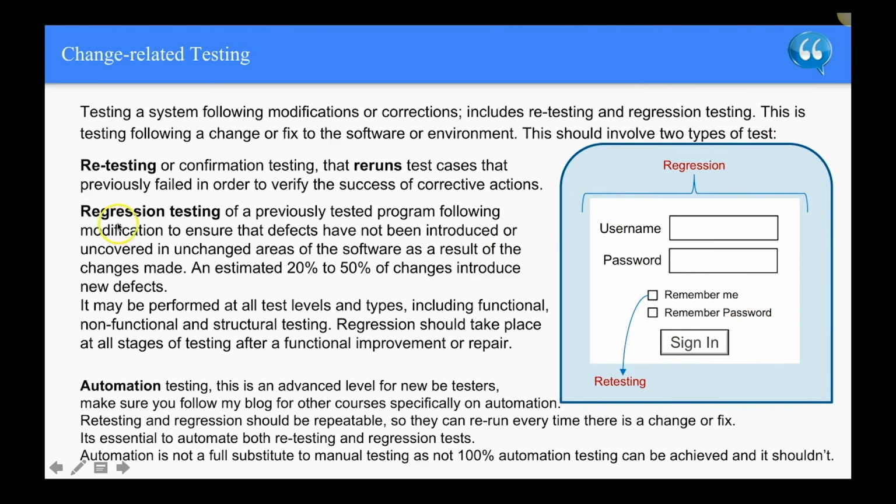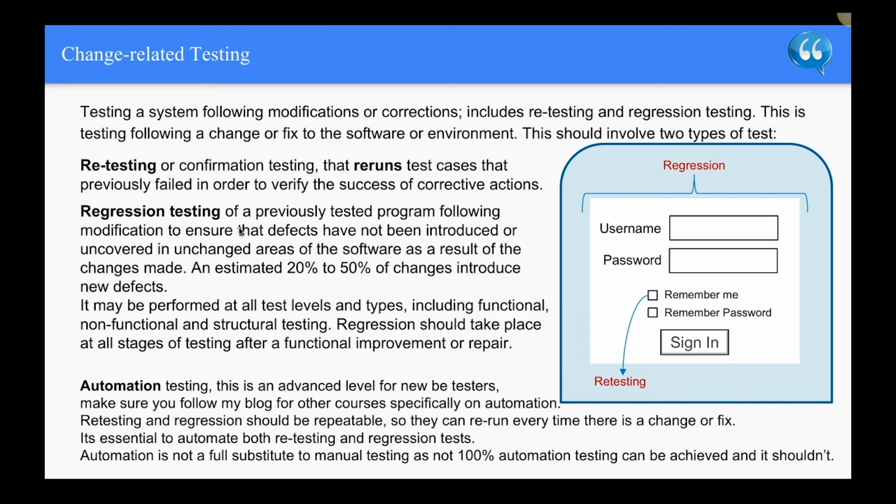a regression test. The regression test is just to test a previous program that has been working, to make sure there are no other problems due to one bug or one defect that has maybe introduced other defects around the area. So an estimated 20 to 50% of changes introduce new defects.